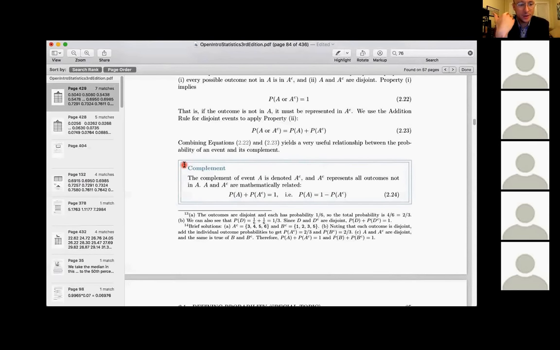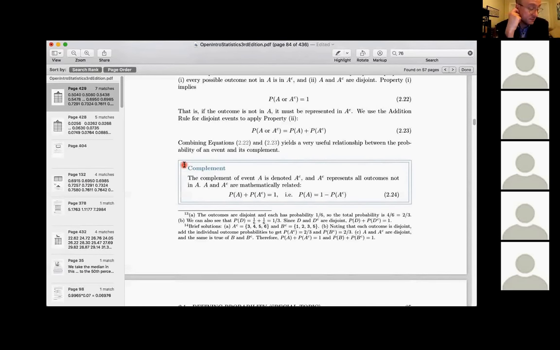So let's just say I know the probability of getting heads on a coin is 0.5. Mathematically, all this complement rule is saying is that if you take 1 minus the probability of the event, you will get its complement, and that is the probability of not getting heads. So take 1 minus 0.5.